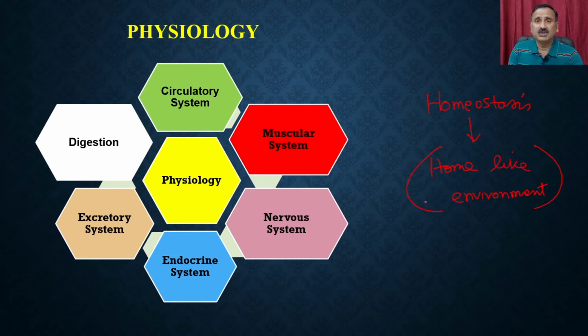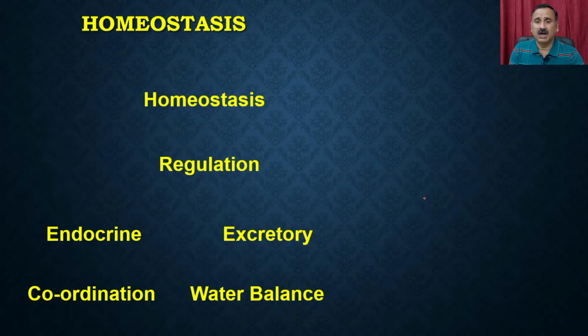And in the previous lecture, we also discussed how homeostasis is maintained. There are regulatory mechanisms operating within the body, and these regulations could be positive feedback regulations or negative feedback regulations.